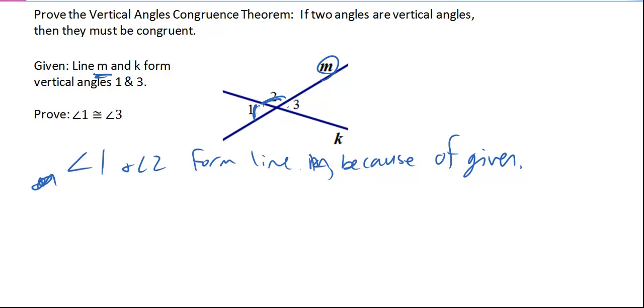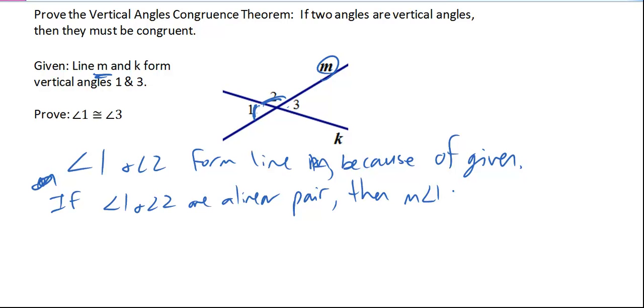So really what I could have said here is if angle 1 and angle 2 are a linear pair, which we just said above, then we know that the measure of angle 1 plus the measure of angle 2 must equal 180 degrees. We know this is true because we talked about this in class, that linear pairs always add up to 180.